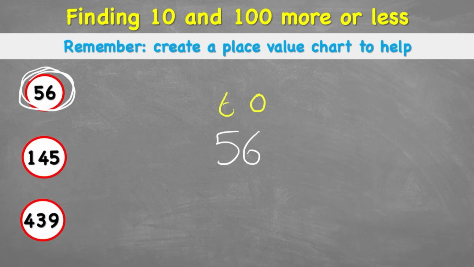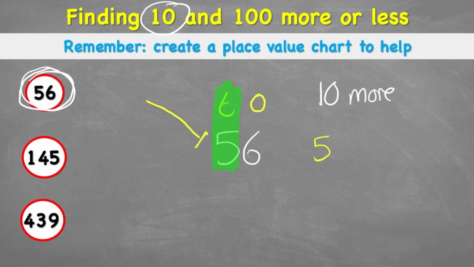And if I want to try and find out what 10 more would do to this number, so let's do 10 more. All I have to do is look in the tens column. And at the moment, I have 5 in the tens column. If I want to go 10 more, I'm going to be adding 1 ten to this column, because this is my tens column.